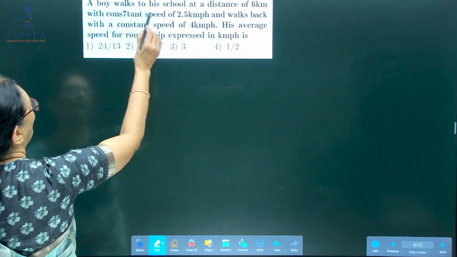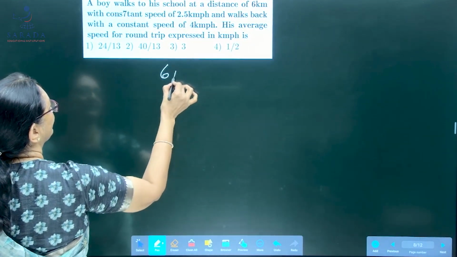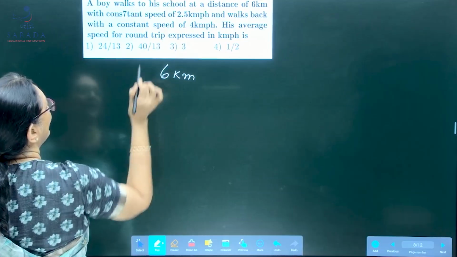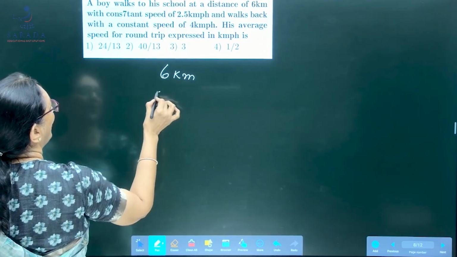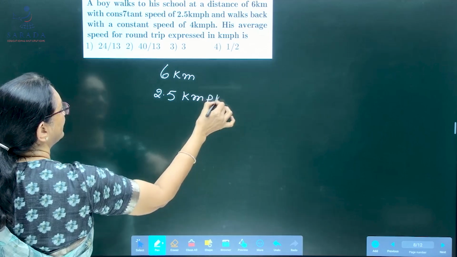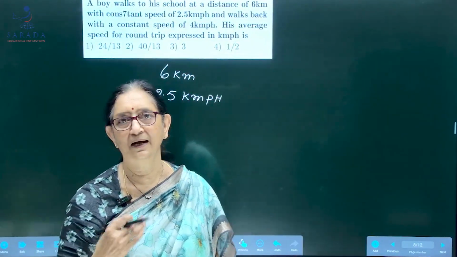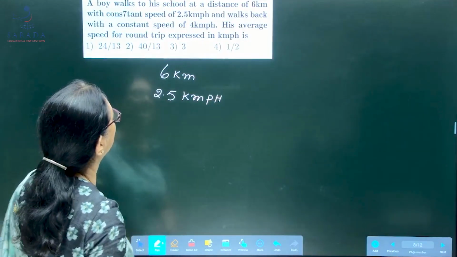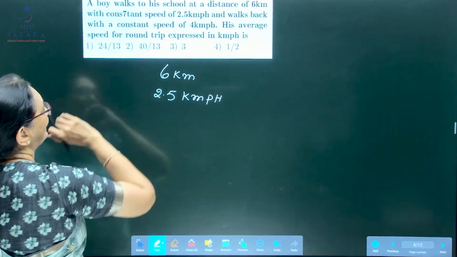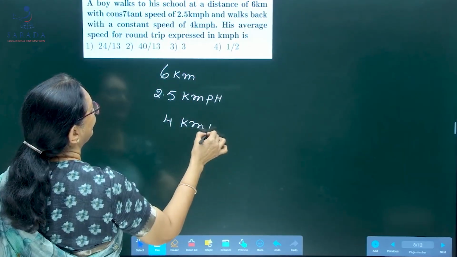A boy walks to his school at a distance of 6 kilometers at a constant speed of 2.5 kmph and walks back with a constant speed of 4 kmph.